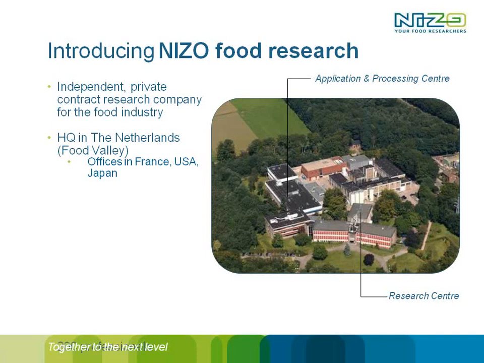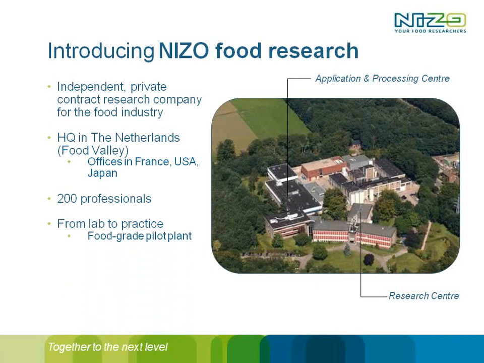USA, and Japan. What's very important for us is that we do not only do research, but we help customers translate the question from lab to practice, and towards an application. So at the end of a project, you should have an application feasible to carry out in your own factory or to scale up further in your own production process.